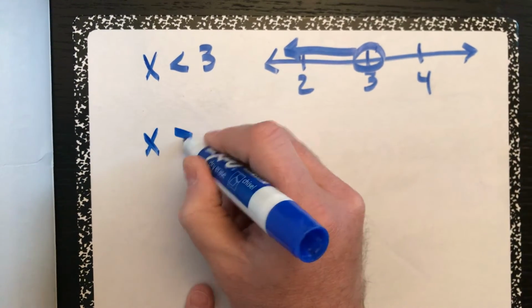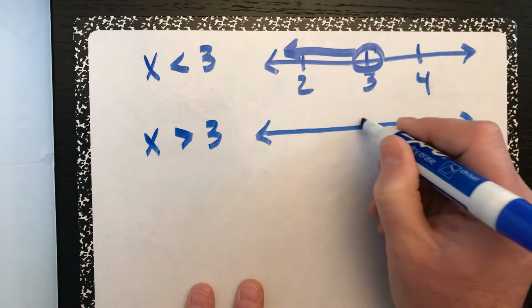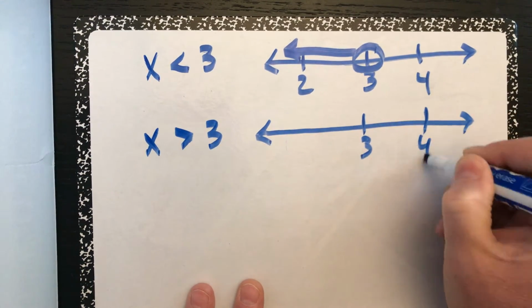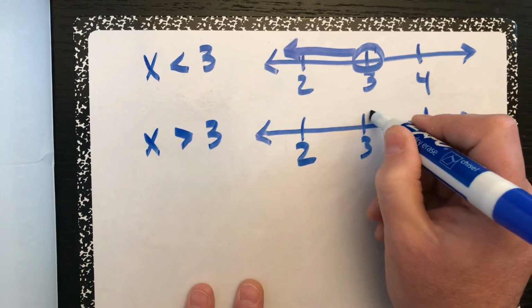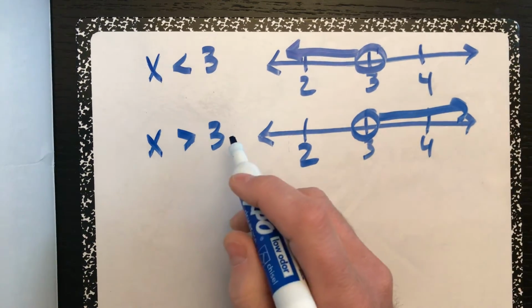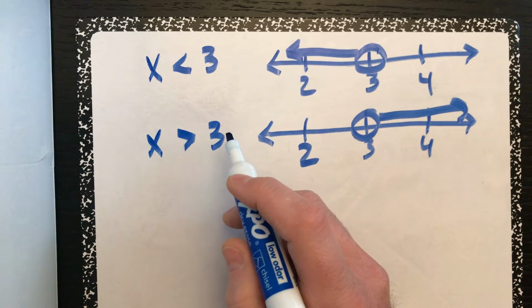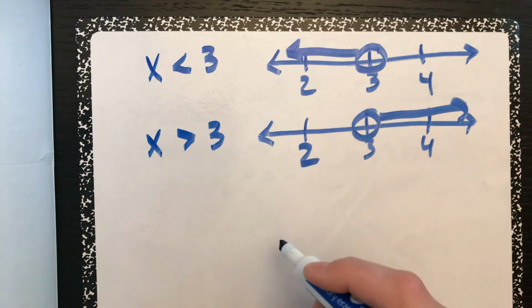And with x is greater than 3, once again, it's an open circle going this way. And remember, it's an open circle to show you that you do not include 3 in your graph, okay?